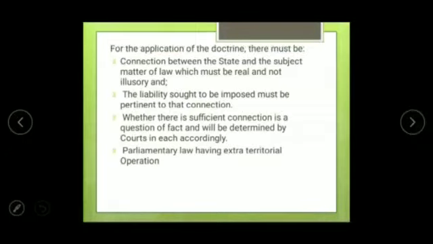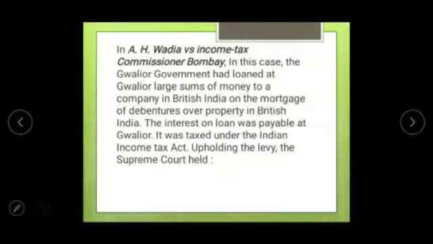Moving on to another case, A.H. Wadia versus Income Tax Commissioner Bombay. What happened in this case? Again the facts are written. Gwalior government had loaned at Gwalior a large sum of money to a company in British India on the mortgage of debenture over property in British India.